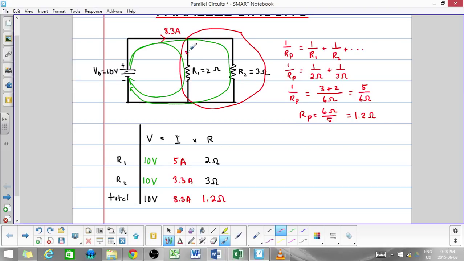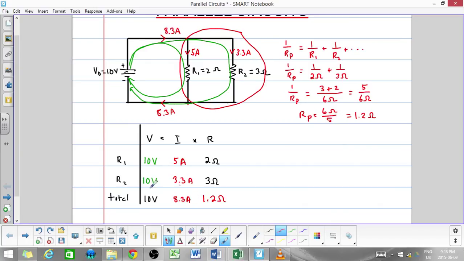So you've got 5 amps here, 3.3 amps here, and they add up to the 8.3. Notice that more current goes through the smaller resistor, less current goes through the bigger resistor, the path of least resistance, right? And then these rejoin at this junction to become 8.3 amps again.